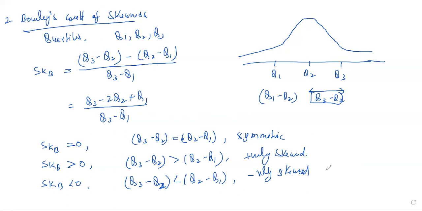The third one is based on moments, and it is called measure of skewness based on moments.